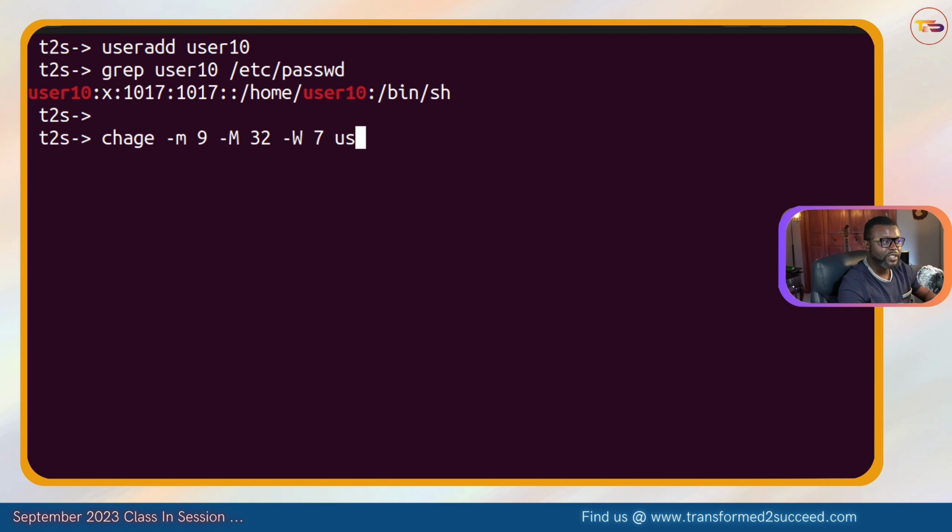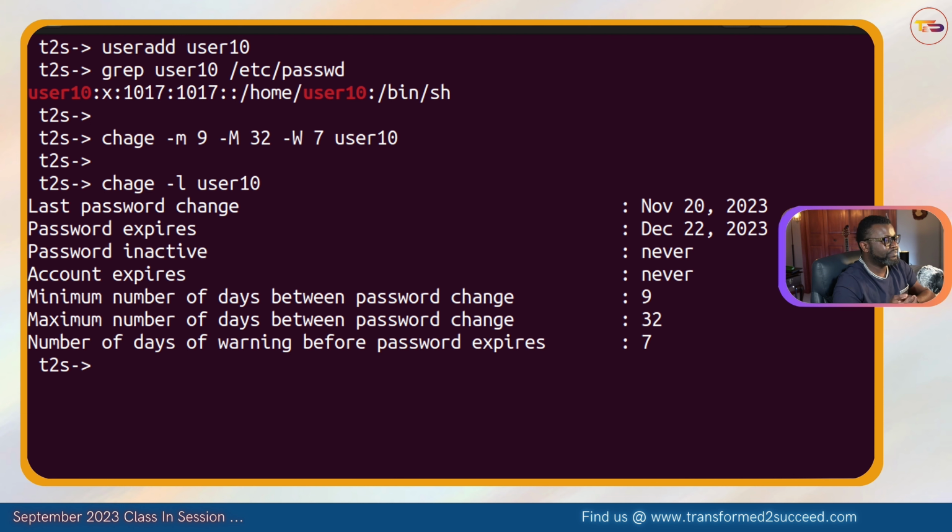We apply all of this to our newly created user account, user10, and I press enter, and that's done. Now to verify, we still use the chage command, but with the option -l, and we apply that to user10, and this is what we get.